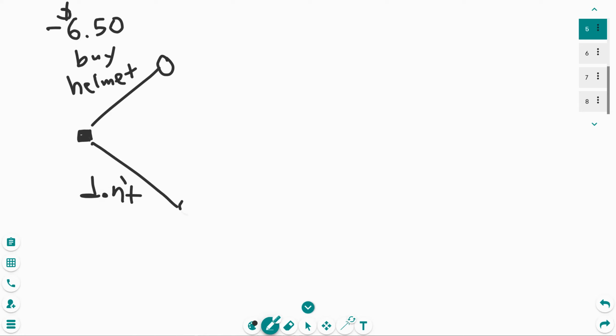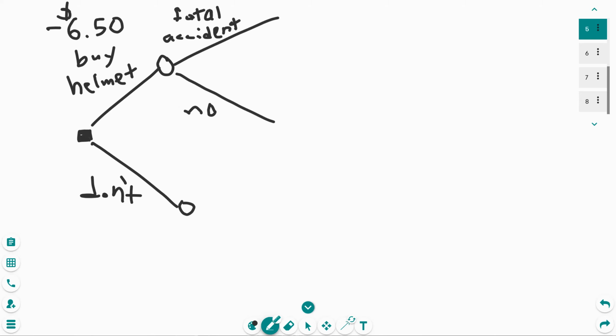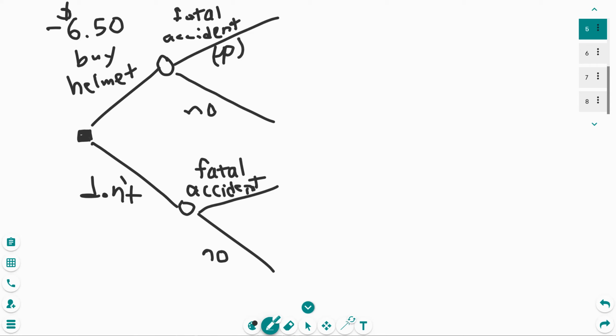And then from there, we have some probability of getting in a fatal accident or not. We're going to say the probability of a fatal accident is going to be P. The probability of not having a fatal accident is going to be 1 minus P. Now with this helmet, our life is going to be saved in the event of a fatal accident.